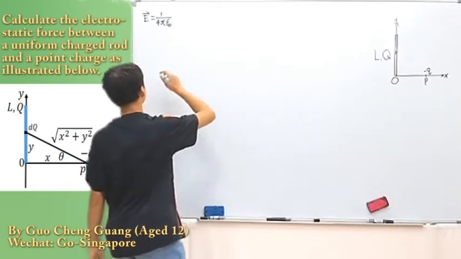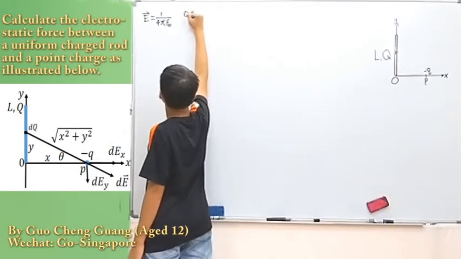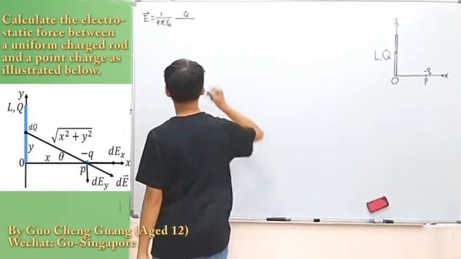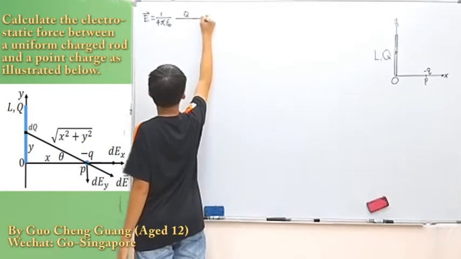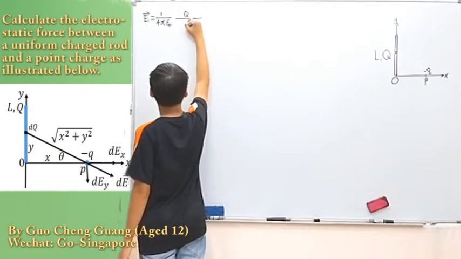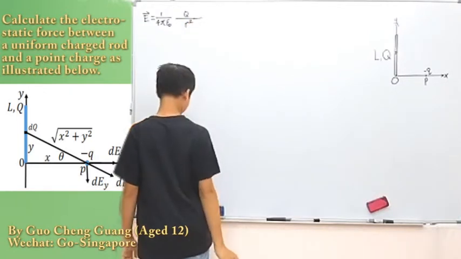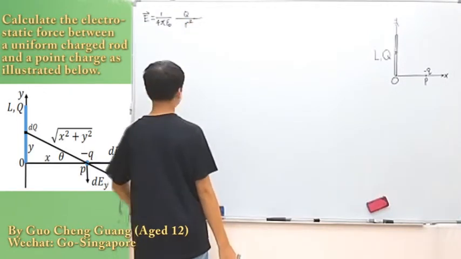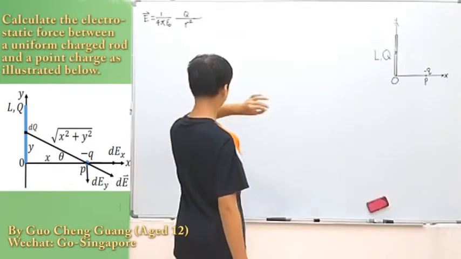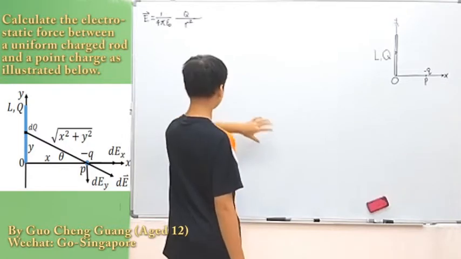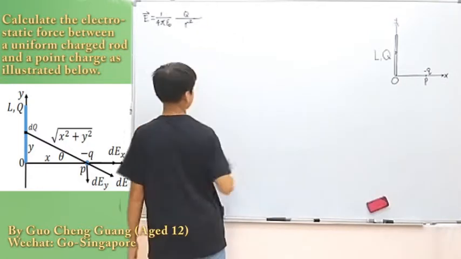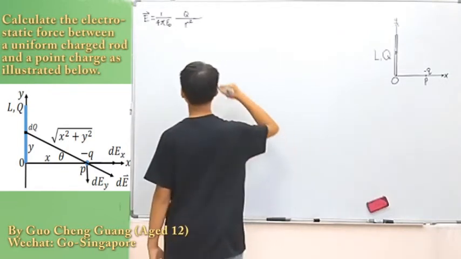After that will be Q. Since this is E, you only have one charge, and then it will be over R squared. So it is the square of this length, or the square of the distance from the source charge that you take to the test charge here, or the distance between two of the points there.